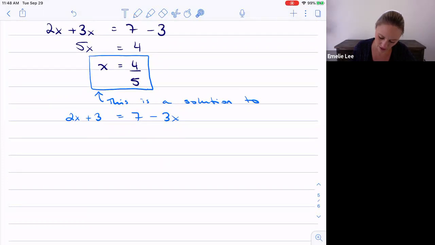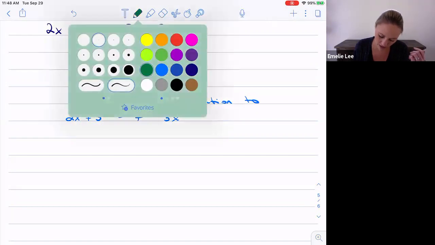So what that means is if I plug in x equals 4 over 5 into both of these x's, they should end up at the same value, right? So just to check our work, let's go through and plug it in and see where it gets us to.